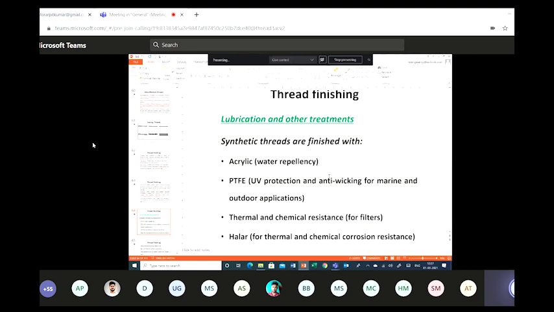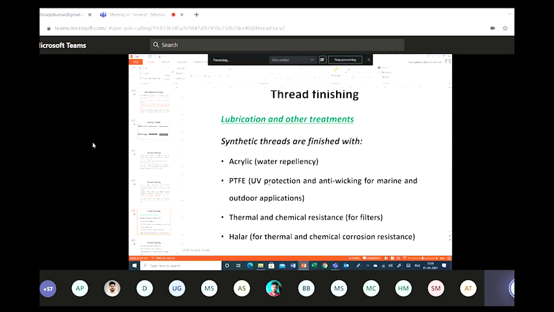Think of marine and outdoor applications: awnings, sailcloth, ropes, anything you use in the boat and other places. There, many times the fabric is in contact with water, so you need anti-wicking properties. And similarly, the boat is always under the sun, so the fabric receives a lot of UV light.